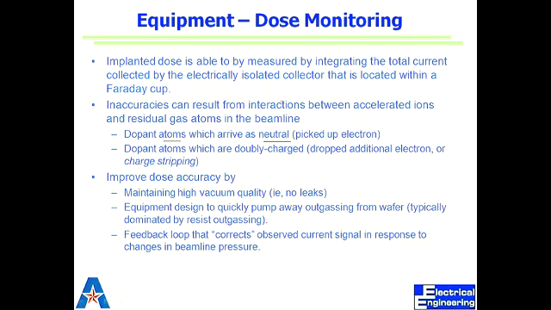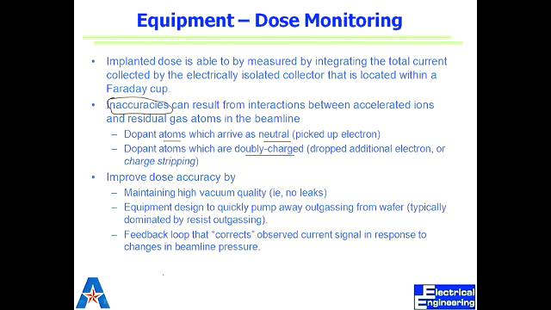So they wouldn't give us the activation that we need. And they may be doubly charged, where they have added an electron or got rid of some charge. So these are the inaccuracies which can happen to the ions before they get there.